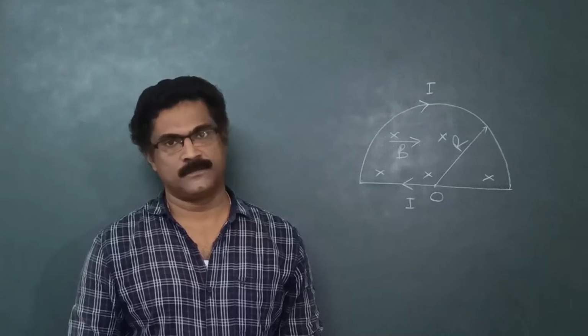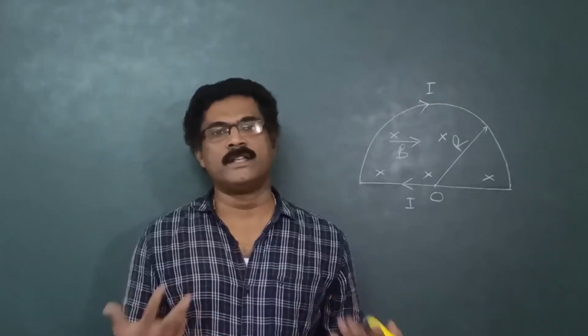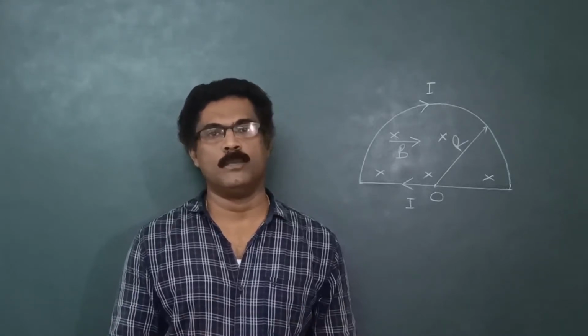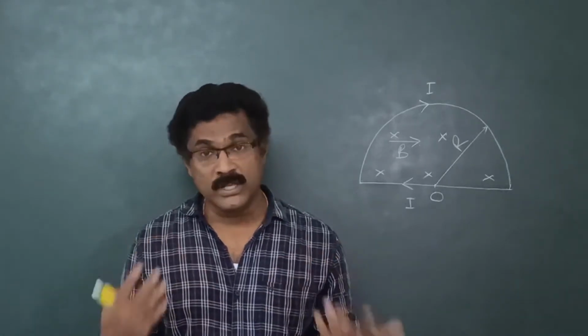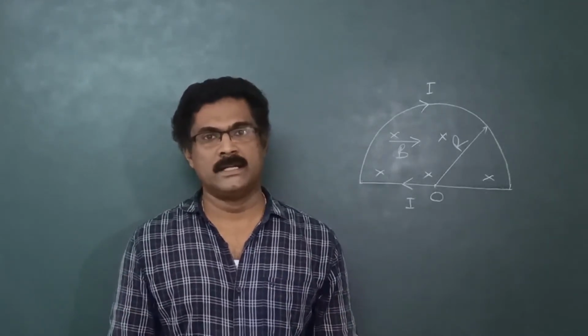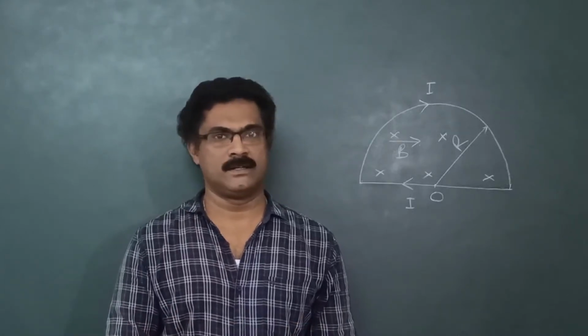That is the question. Here the answer is very simple. We already studied that the net force acting on a current carrying loop of any shape placed in a uniform magnetic field is 0, provided the current completes the loop in the same direction.